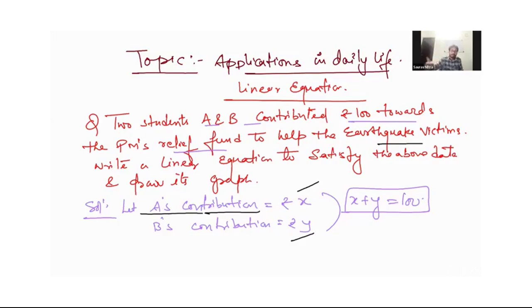Now we plotted this on the graph, and this will be a linear equation, which will always be a straight line. This is how any given situation can be converted into an equation, and then we can draw the graph of the related information.